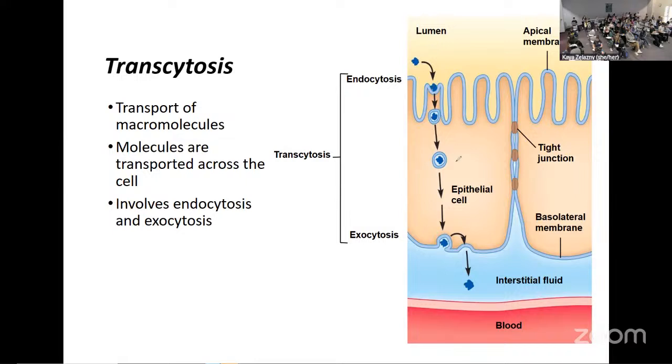We would then have that large macromolecule traveling through the cell in its little baggie until it gets to the other side. And then it does the opposite process. It bumps into the basolateral membrane. We would see it for a little while here. And then we start to see that bubble bursting. Where previously this would have been sealed off, this would have been the complete vesicle.